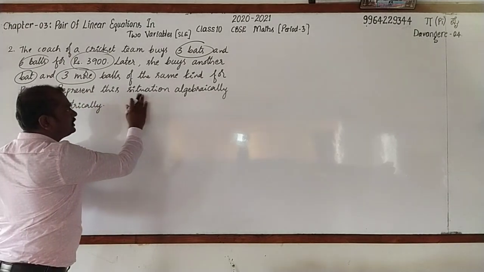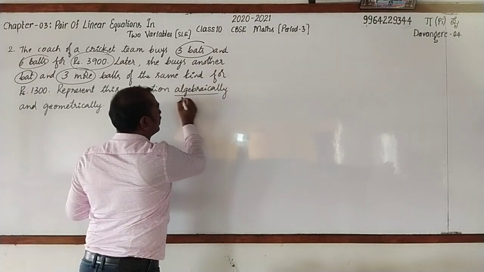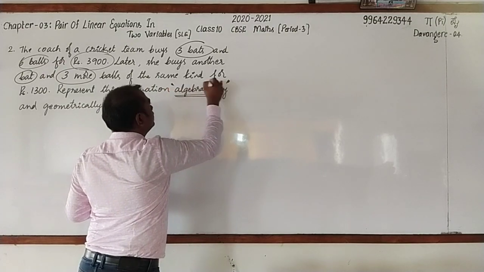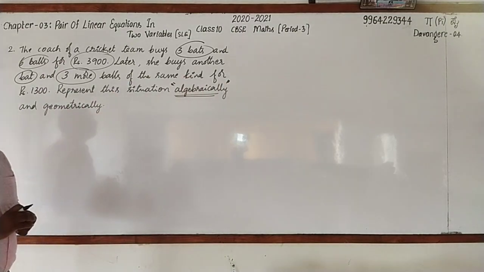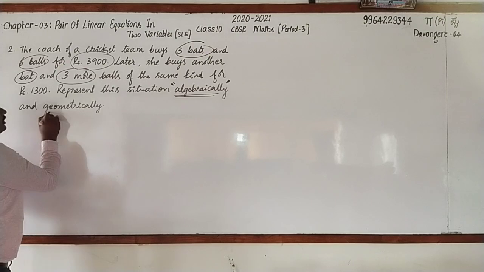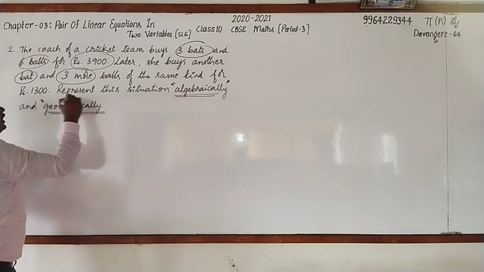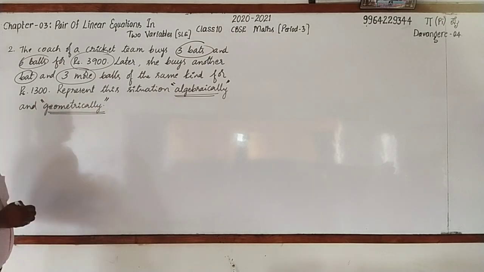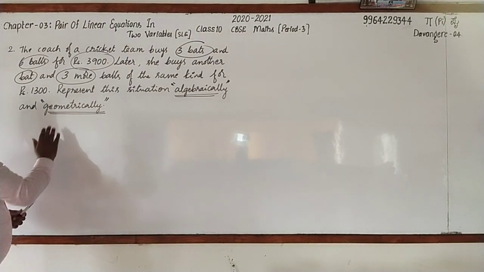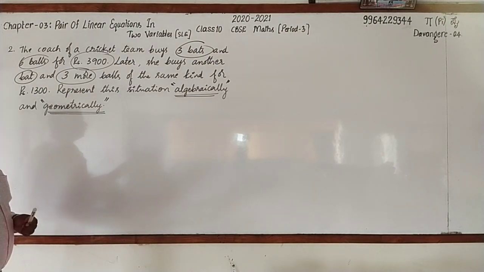We have to represent this situation, one algebraically, that means in the form of equations, and graphically, that means we have to find the solution, nothing but the cost of a bat and a ball, by using the graph. I hope that you all have understood the given statement.